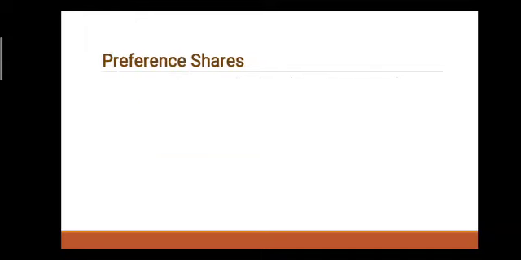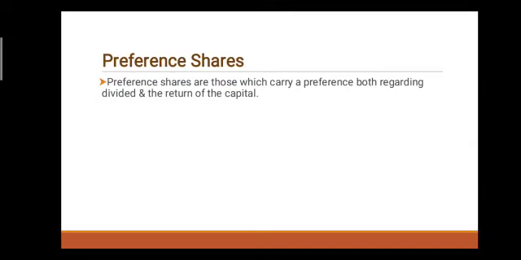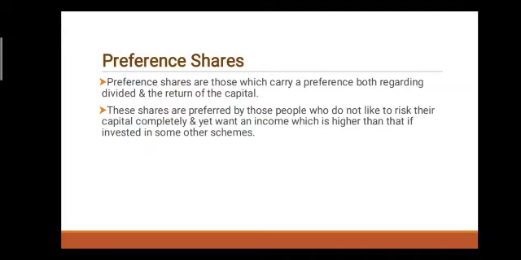Preference shares. Preference shares are those which carry a preference both regarding dividend and the return of the capital. These shares are preferred by those people who do not like to risk their capital completely and yet want an income which is higher than that if invested in some other schemes.